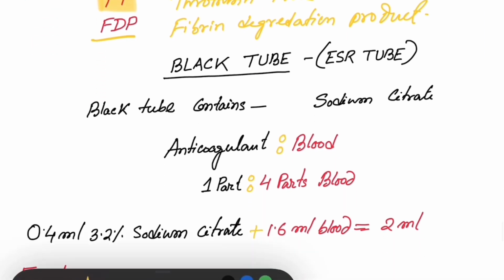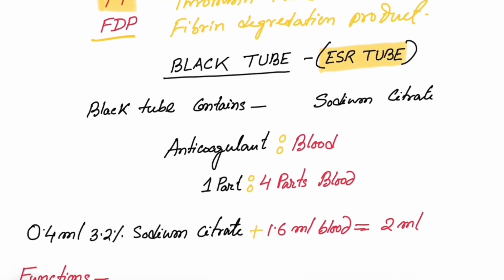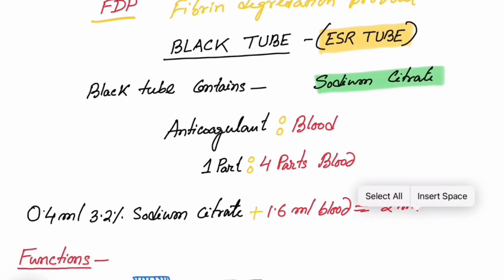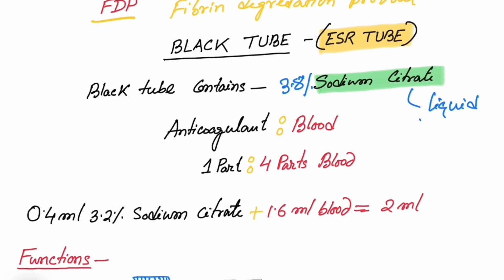Now let's talk about the black tube. Black tube is also known as ESR tube. ESR is erythrocyte sedimentation rate. Black tube also contains sodium citrate, but the strength, the percentage, is different. It contains around 3.8% sodium citrate. This is a liquid anticoagulant.